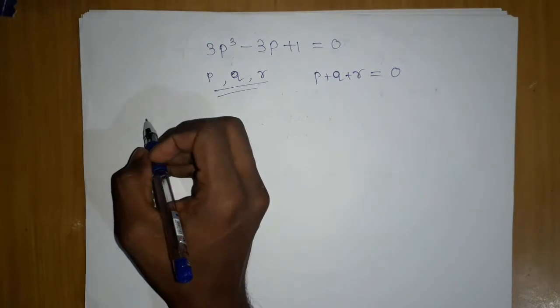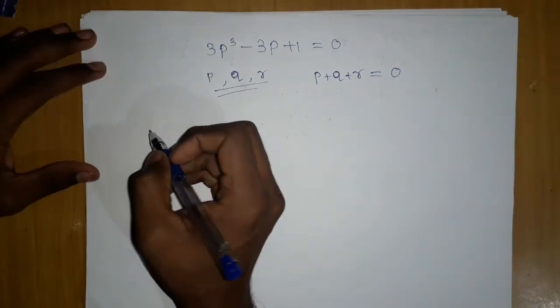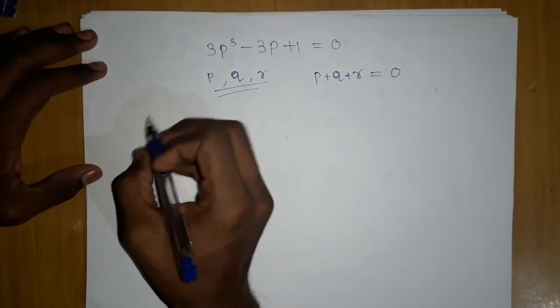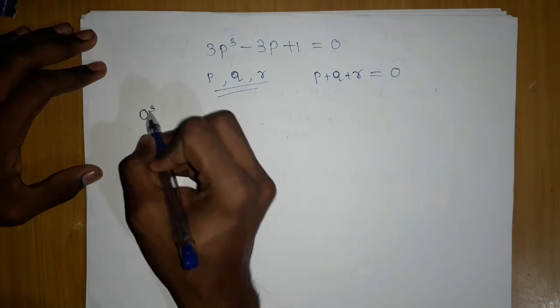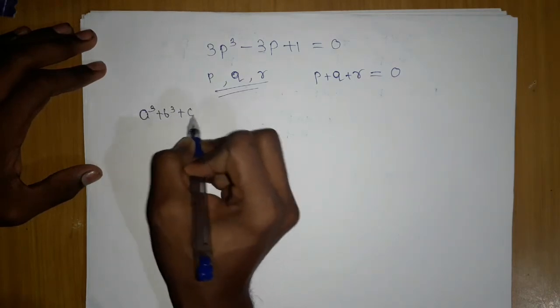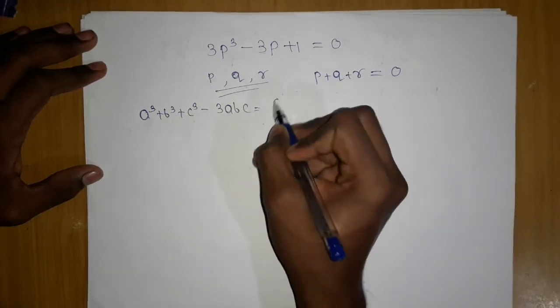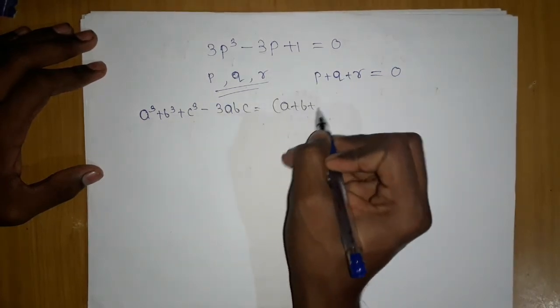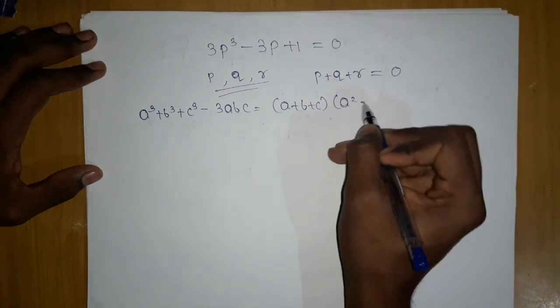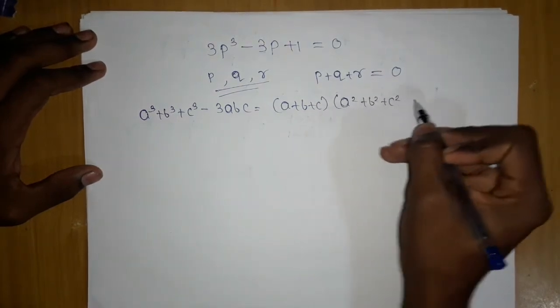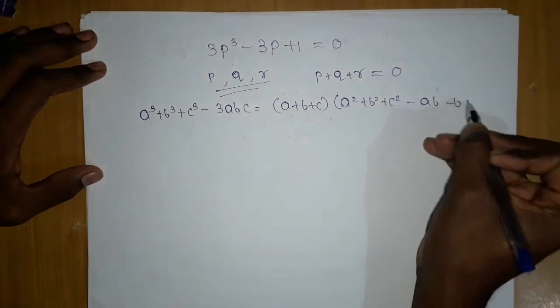Now let me recall one thing. As I have told you, we want to find the cubes, so we know that a cube plus b cube plus c cube minus 3abc is equal to a plus b plus c into a square plus b square plus c square minus ab minus bc minus ca.